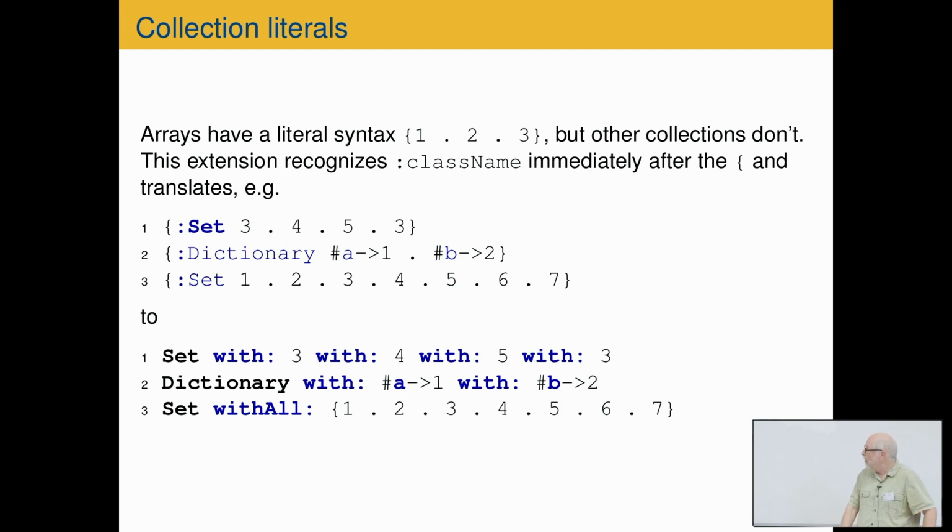So the question is, did I think about possible ways of doing it without the syntax changes? Well, you can always do it as saying asDictionary at the end, but that is going to create the array and then send it to the dictionary and do it with all. And so it's going to create a data structure that then turns around and gets just garbage collected. So this is more efficient.